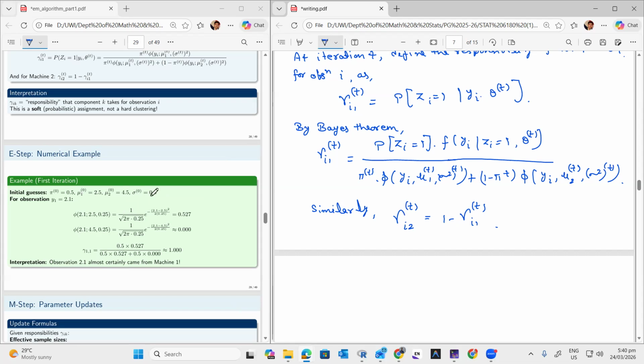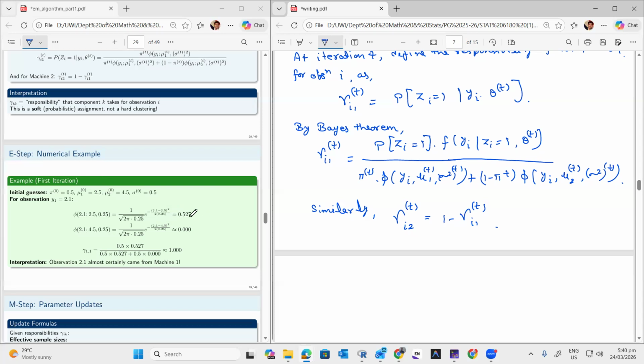At that time sigma square will be 0.25, and y1 we are considering as 2.1. So we compute the probability from the normal distribution with 1 upon root 2 pi into 0.25, e raised to the power minus 2.1 minus 2.5 whole square divided by 2 into 0.25.